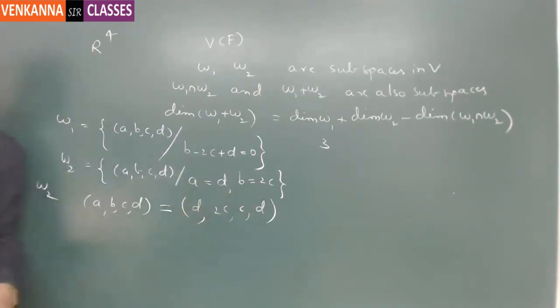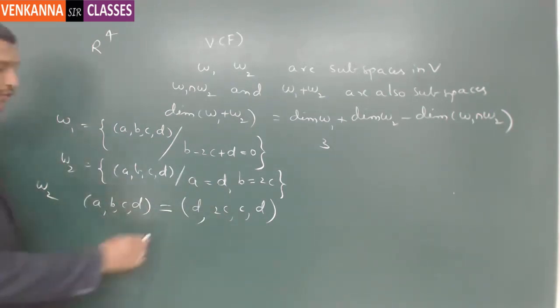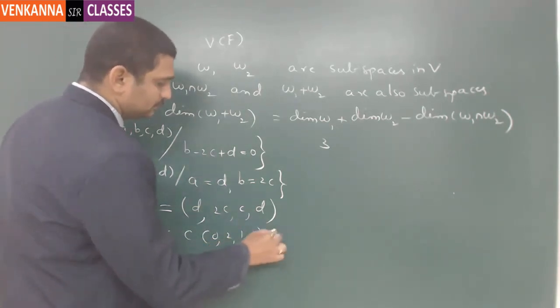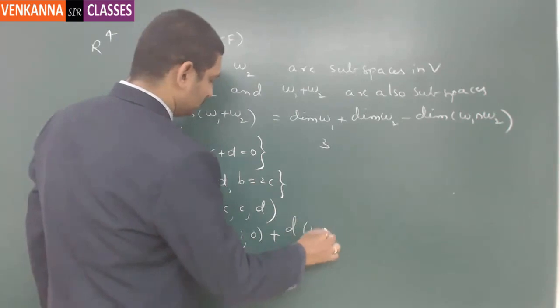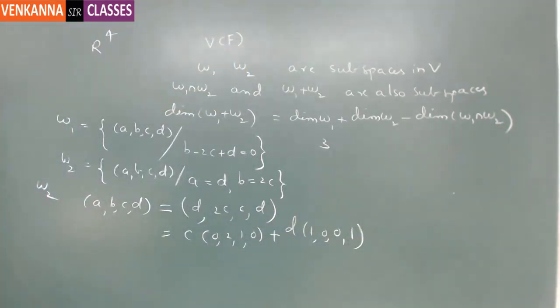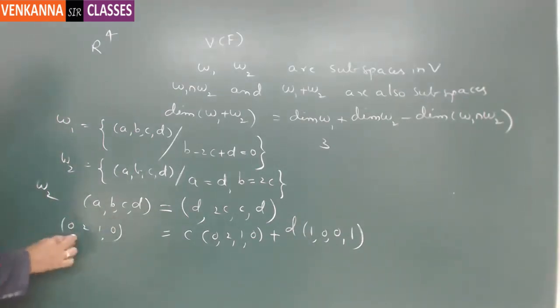B is equal to 2c, so I have replaced b with the value 2c. So if you take the respective variables as common, it will come like this. The two vectors (0, 2, 1, 0) and (1, 0, 0, 1) together form a basis for W2. Hence, dimension of W2 is nothing but 2.